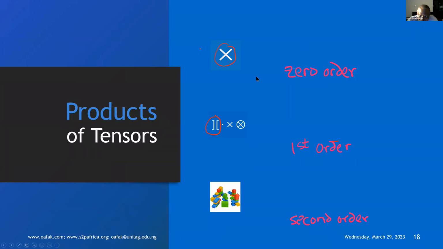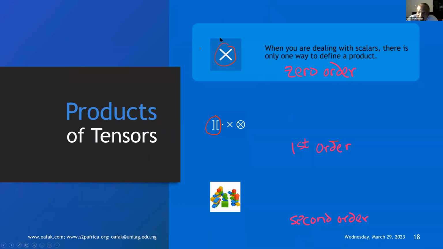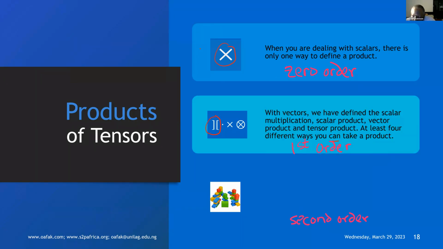When you are dealing with scalars, there is only one way, and nothing but one way, to define a product. When you are dealing with vectors, we have defined the scalar multiplication, the scalar product, the vector product, and the tensor product.